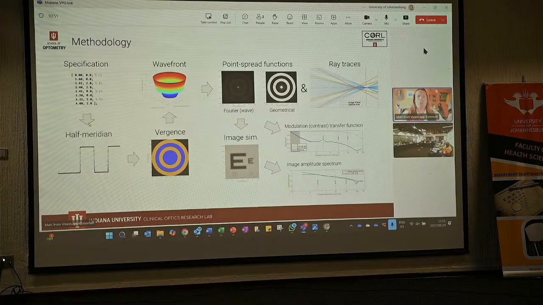So, in order to answer the question, the methodology. We can design any of such complicated lenses on the computer, and we start at the top left with a simple specification. And the specification says, let's say, 0 millimeters from the center, 0 diopters.